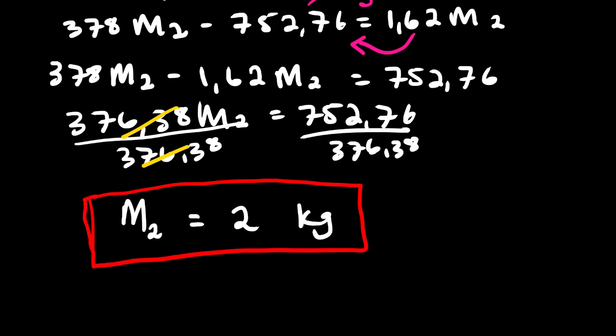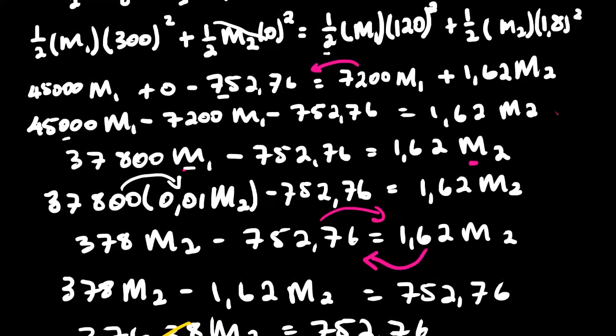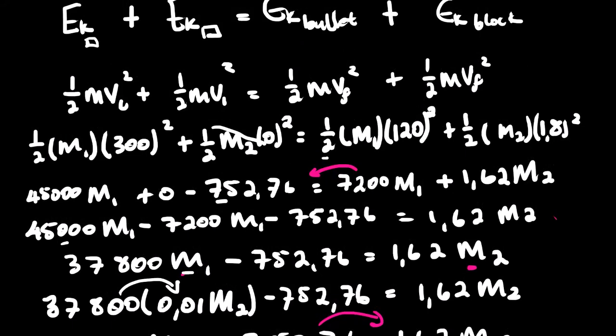There might be another way, but this is the way that I thought of to answer this question. And actually this was supposed to be allocated 5 marks instead of 4.